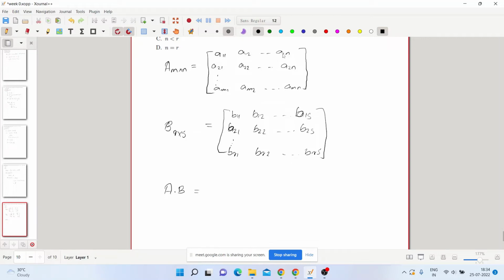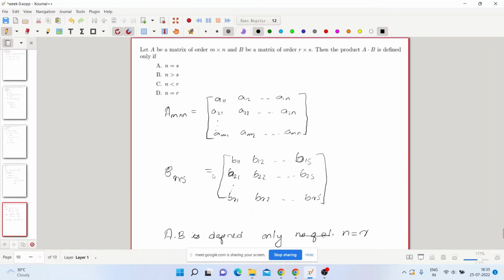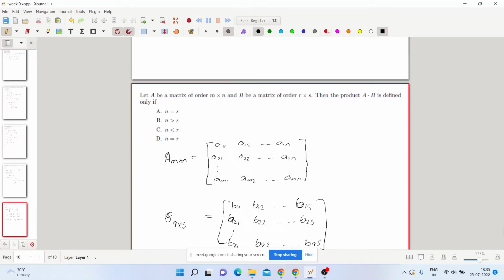So the number of elements in this row is n and the number of elements in this column is R. So A into B is defined only if n equal to R. So this is the condition for A into B to be defined. So here option D is the correct answer. All other options are wrong.